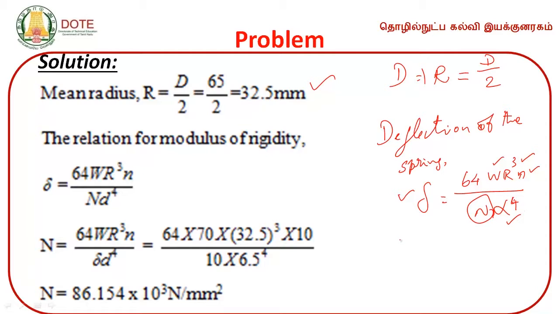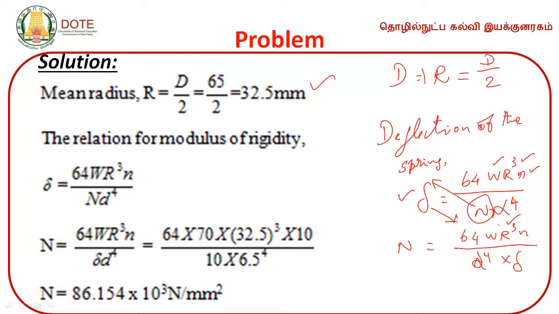So what is N? N is equal to 64 W R cube n, number of turns, divided by d to the power 4 into del. So this del comes down, and this term goes to the other side. When we bring the denominator to the numerator and the numerator to the denominator, we will get this result.